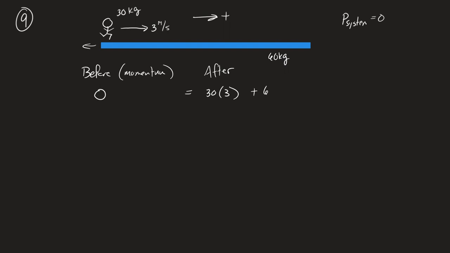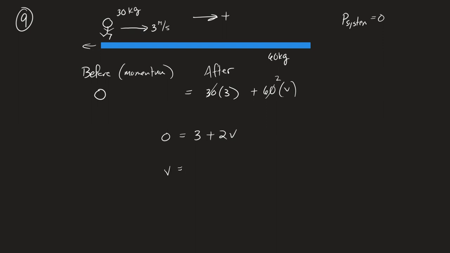So the sheet of ice is going to have to start moving so that the net momentum of the system remains 0. That's it. That's the problem. That's going to be 0 equals, let's just cancel a 30 and make that 2. So 3 plus 2v.